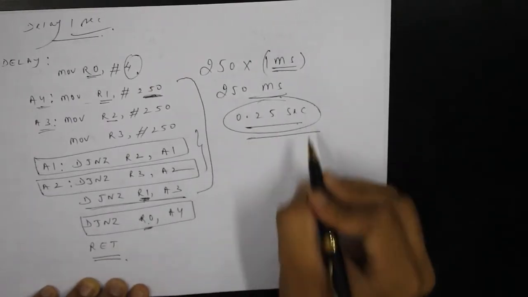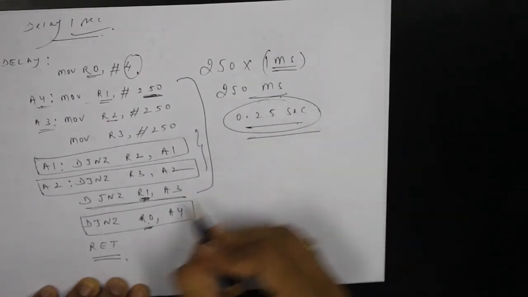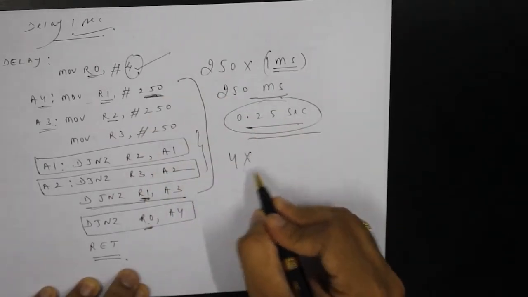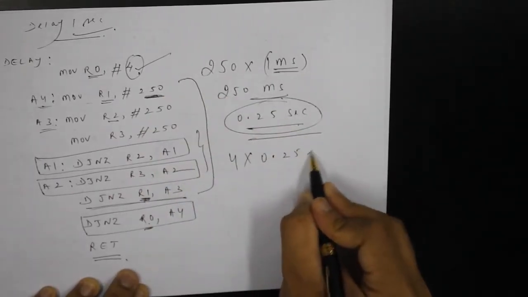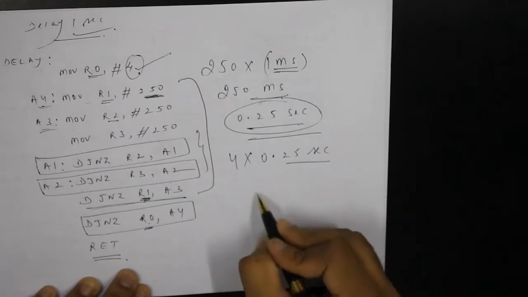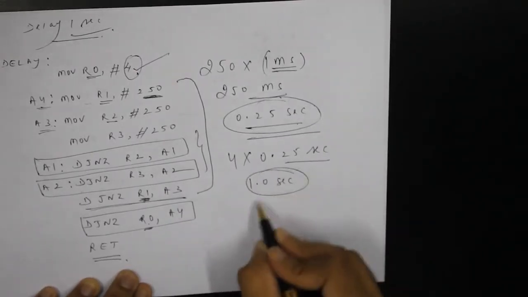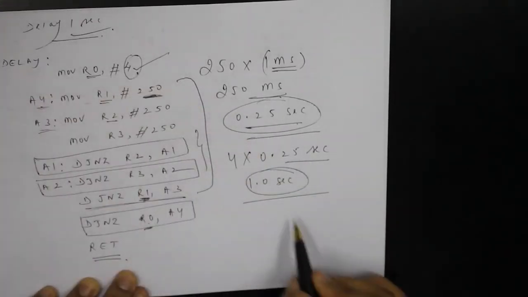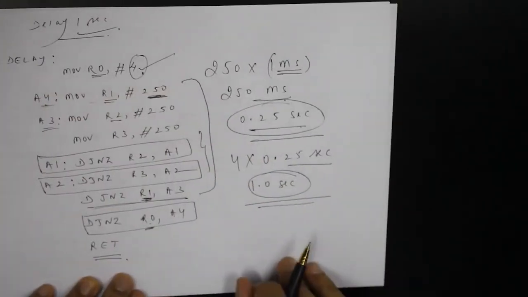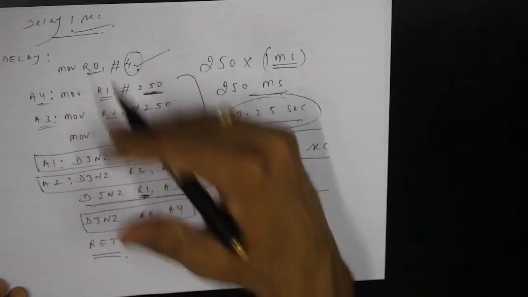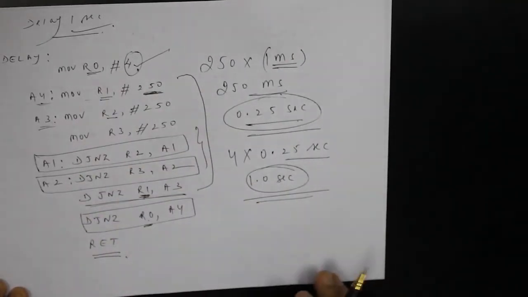So you multiply the inner loop delay of 0.25 seconds by 4, and it will be 1.0 seconds. So this entire routine is going to give you a time delay of close to 1 second. So this is how the delay subroutine has to be written.